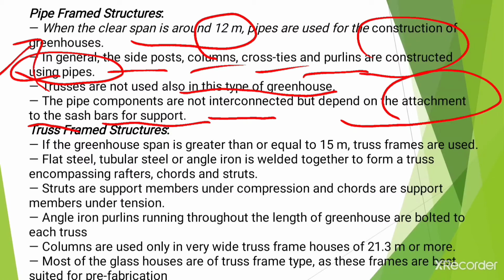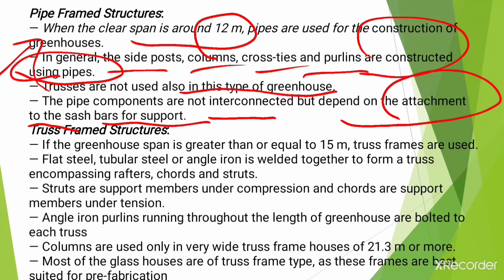We already learned about different terms related to truss frame structures and pipe framed structures. In pipe frame structures the main component is pipe, so they are called pipe framed structures, but some terms are common between pipe frame structures and truss frame structures. We already discussed this.